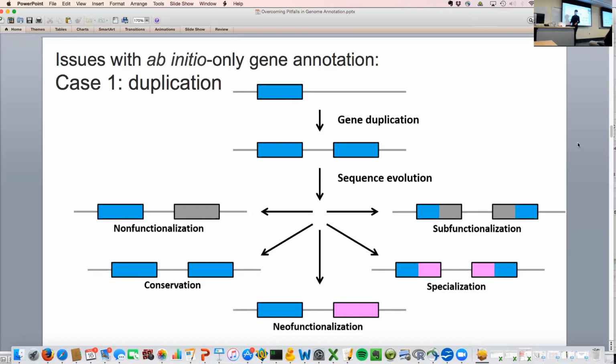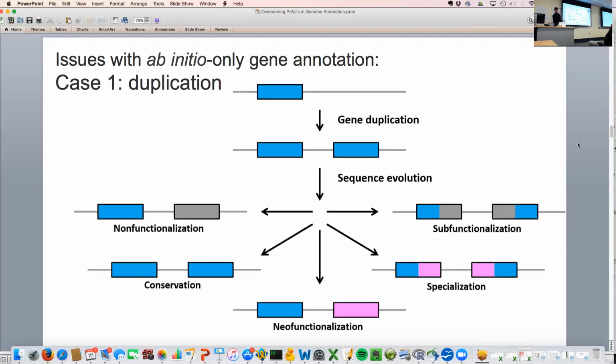Some of them can non-functionalize and turn into pseudogenes. But it's not necessarily the ortholog that's staying the same. It could be that your duplicate stays the same. So to these algorithms, it looks like the ortholog is this duplicate, but in fact the orthologous gene is the one that got broken up or took on a new function.